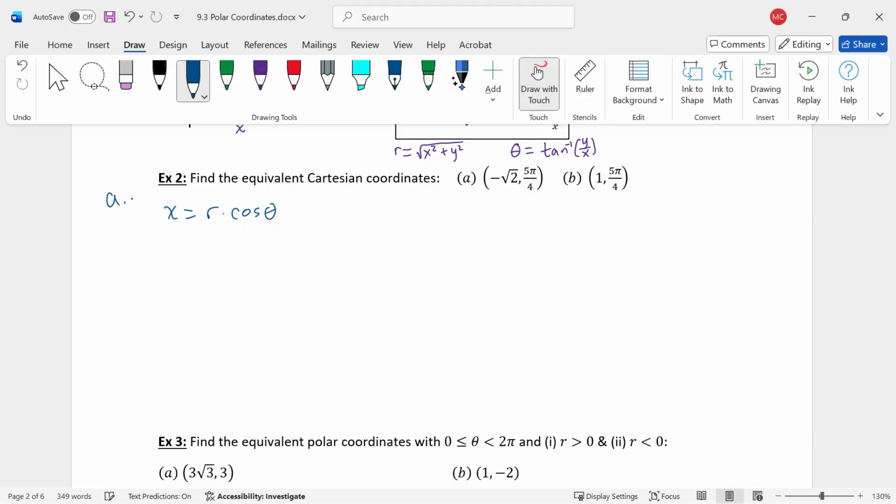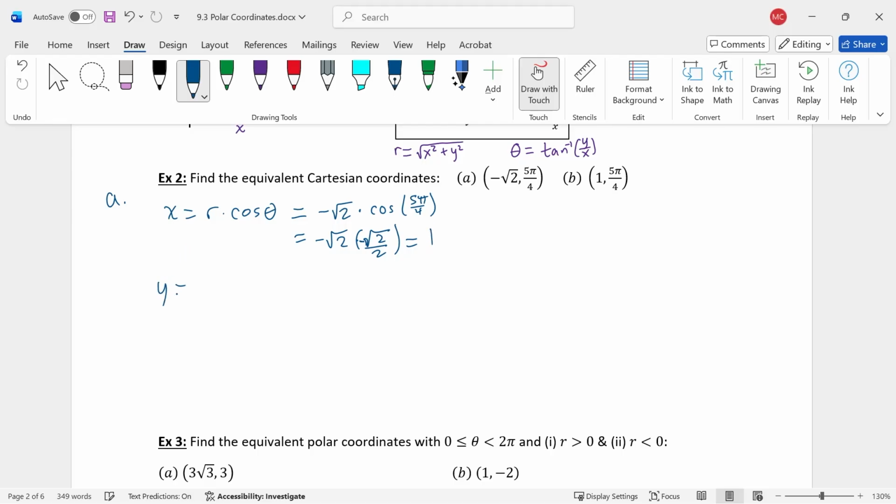So for part A here, that gives me negative root 2 times cosine of 5 pi over 4. But cosine of 5 pi over 4 is negative root 2 over 2. So those negatives cancel, and I get 2 over 2, which is 1.